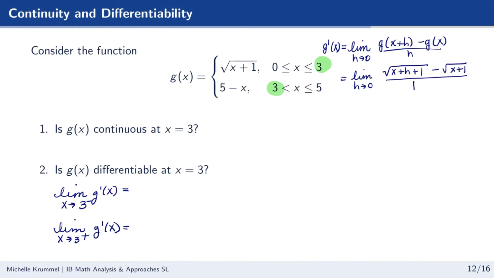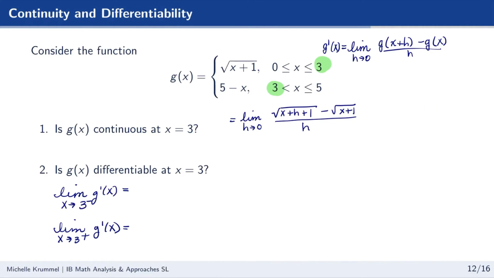All over h. Now, I really didn't give myself any space because I have to multiply the numerator and denominator by the conjugate of the numerator. So let me move this down here so I have more space. I'm going to multiply by square root x plus h plus 1 plus square root x plus 1 over the same thing, and I'm going to then distribute or FOIL out the numerator.